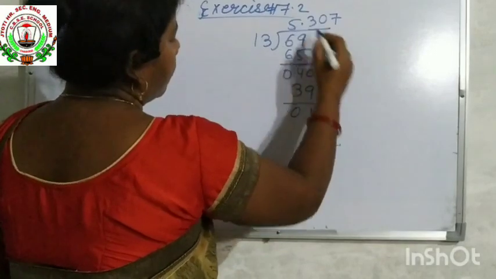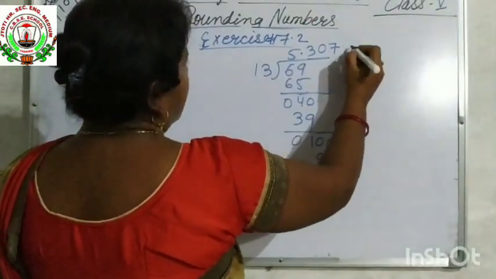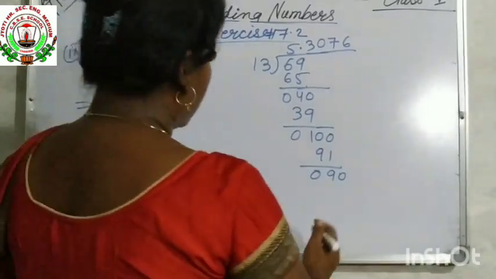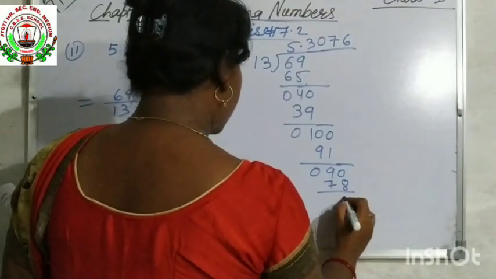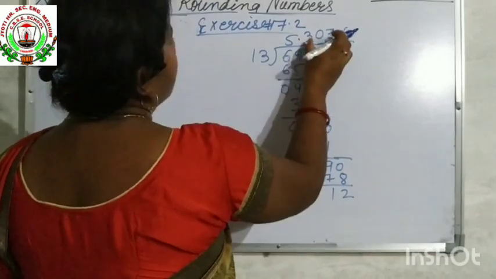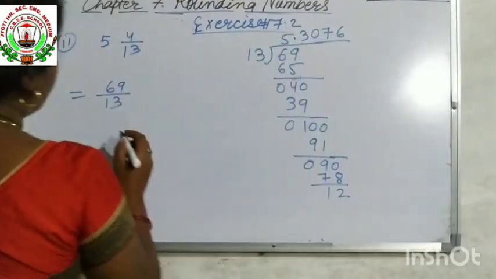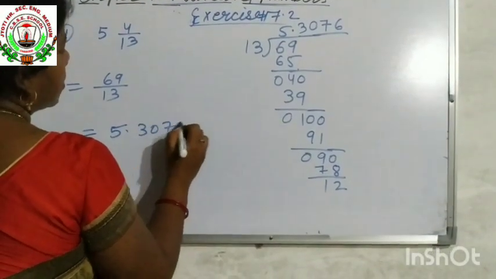13 times 7 is 91. 10 minus 1 is 9. It is 0. Now for decimal we will put again 0. 13 times 6 is 78. Now subtract it. So we have to round up to 3 digits. So we will stop here. 5.3076.